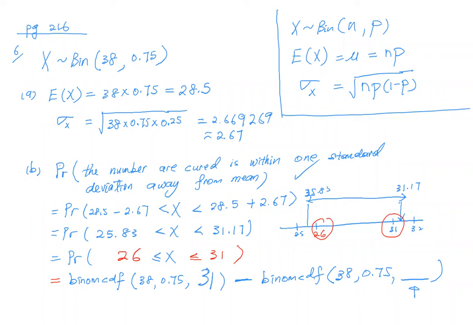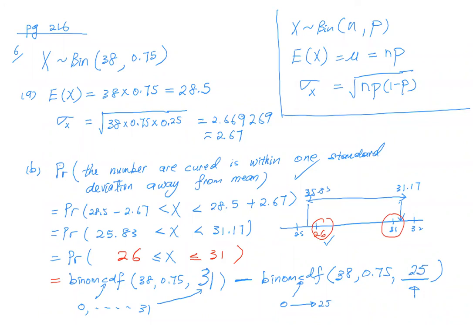Always remember, when I say binomCDF and I put 31 here, that means I go from 0 right up to 31. So I have to take away 0 right up to, 25 or 26? 25, yes, 25.